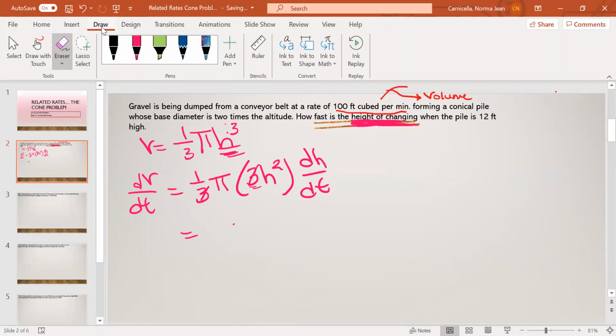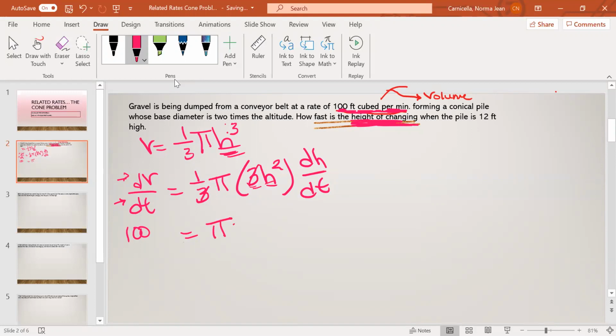It's up in the original sentence here. It's 100 centimeters cubed per minute. That's the change in volume per minute. dV is change in volume, dt is per minute. So that's 100 centimeters cubed per minute is equal to, now I'm left with pi.